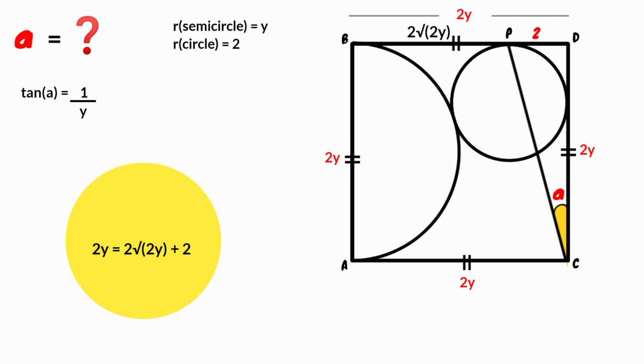Take 2 to the left hand side of the equation. So 2y minus 2 equals 2 root 2y. Square both sides of the equation.